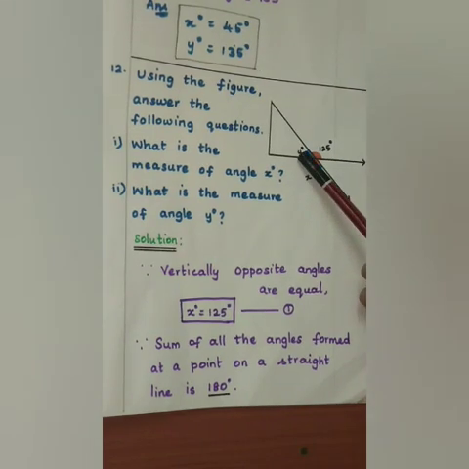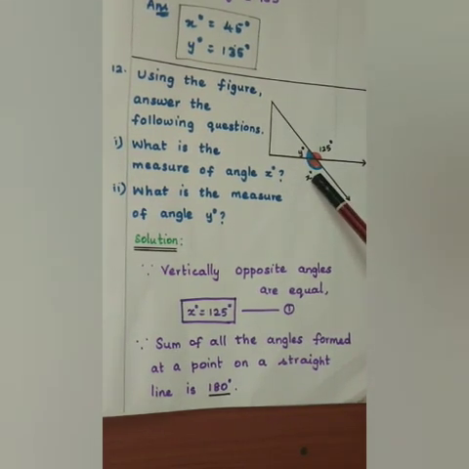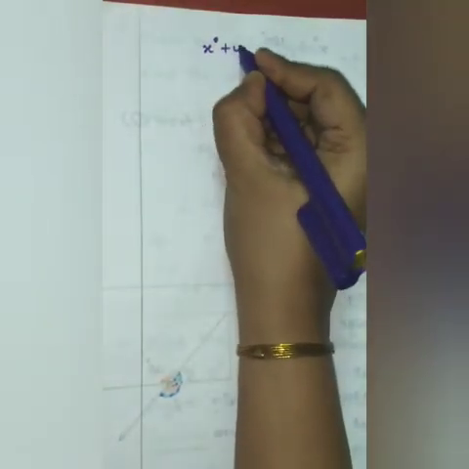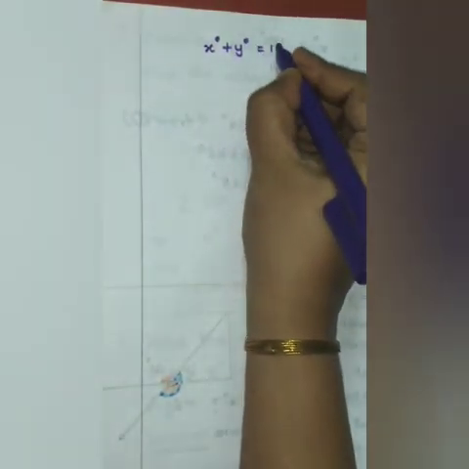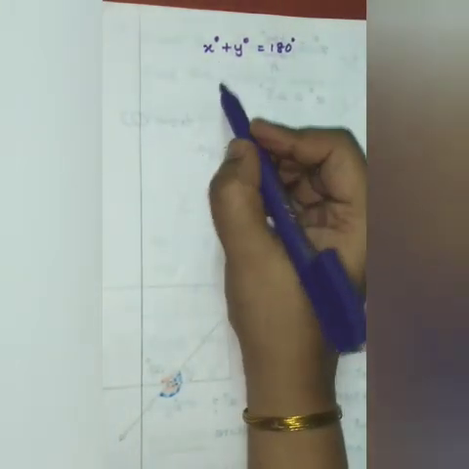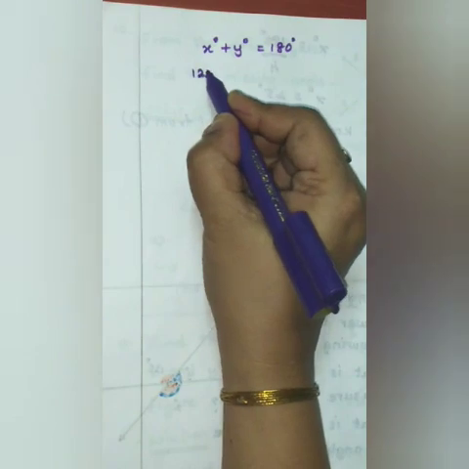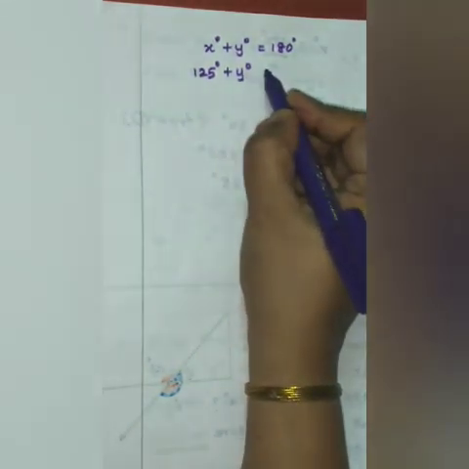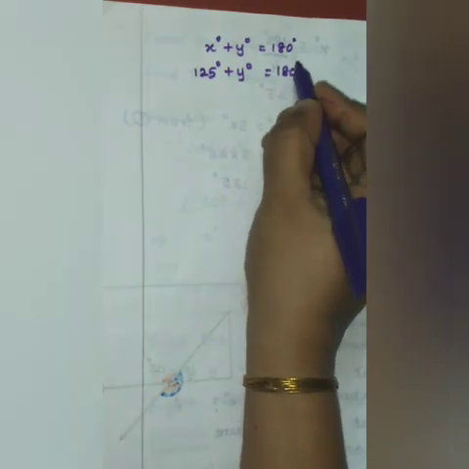So when you add these two, you must get 180 degree. So x degree plus y degree equals 180 degree. We already found the value of x degree, that is 125 degree. Substitute the value for x. Now find the value of y degree.